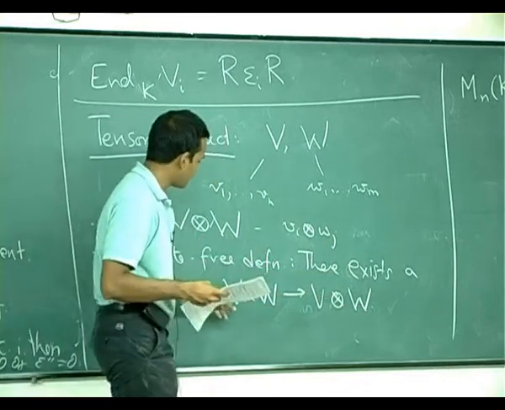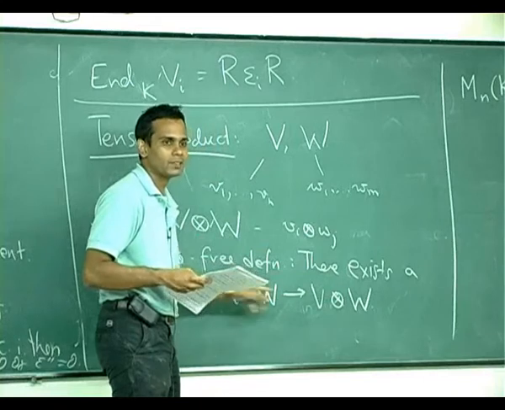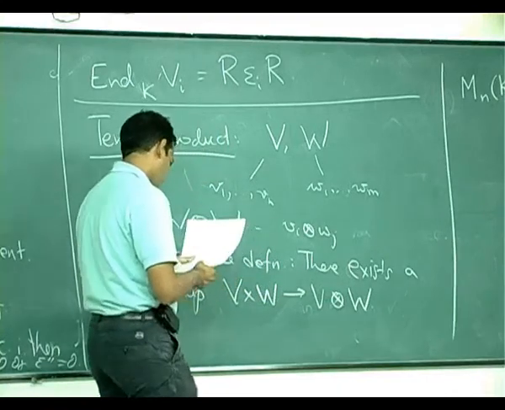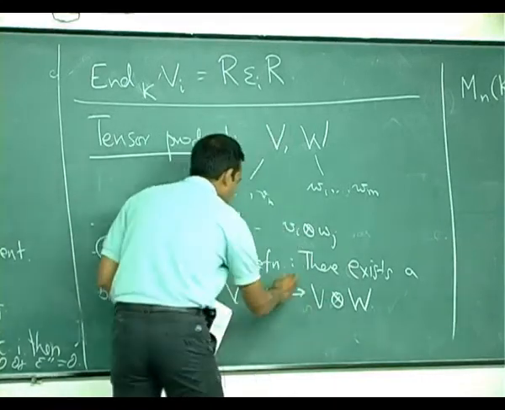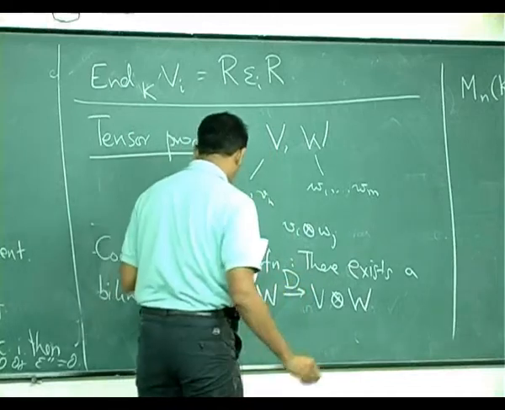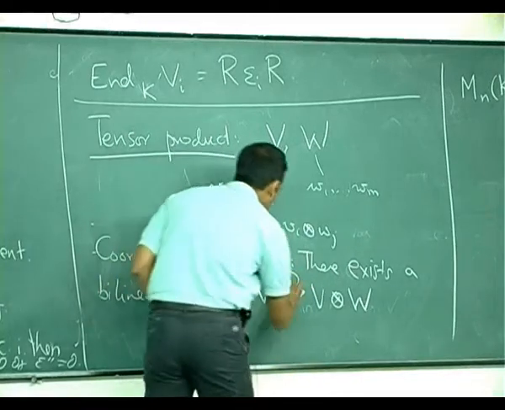A bilinear map is determined if you say what happens on a basis of this and a basis of this. So let's call this B for bilinear.